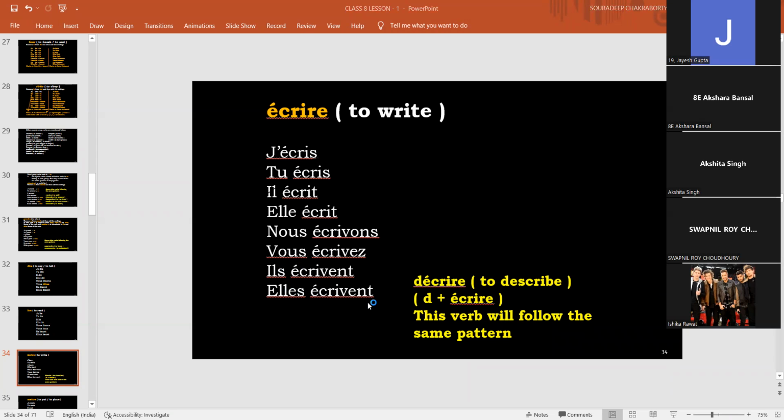Elles écrivent. Once again. J'écris, tu écris, il écrit, elle écrit, nous écrivons, vous écrivez, ils écrivent, elles écrivent. Okay?